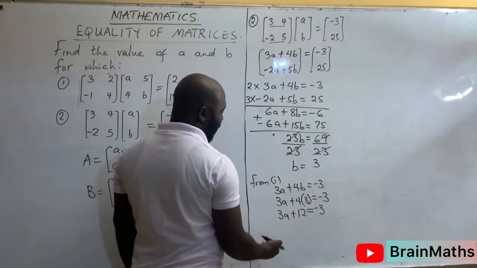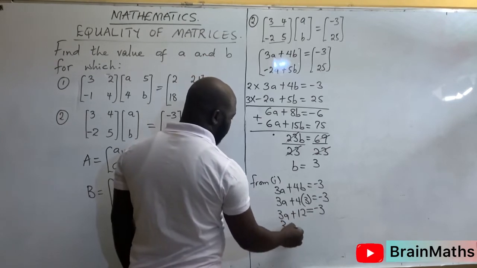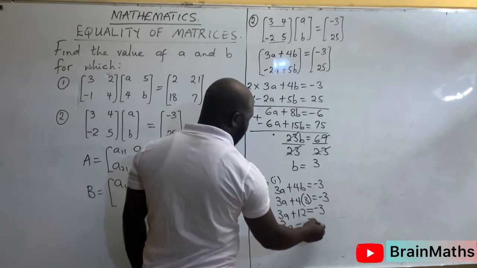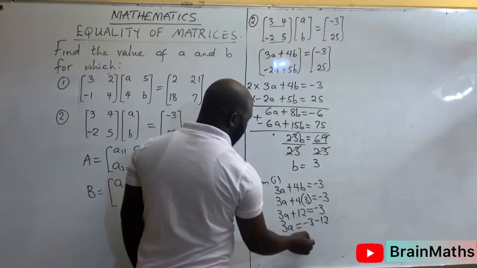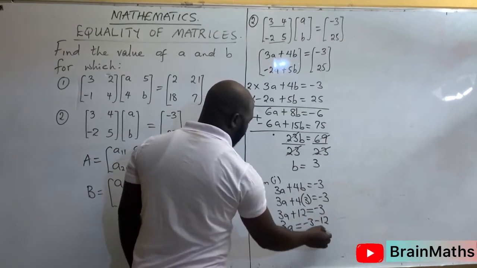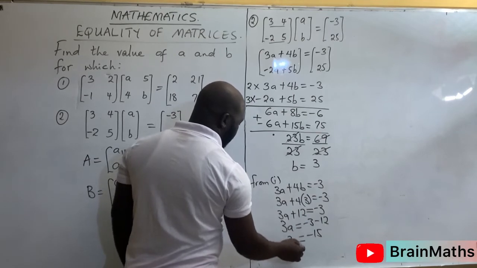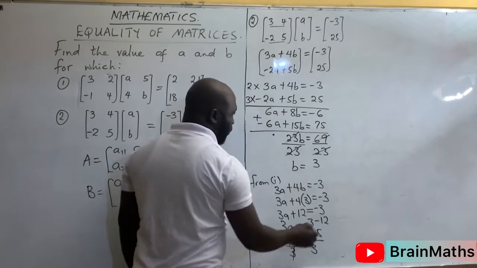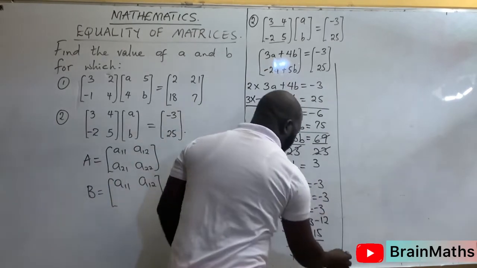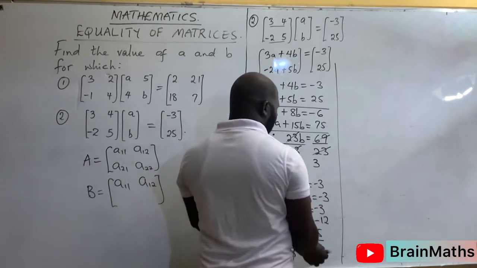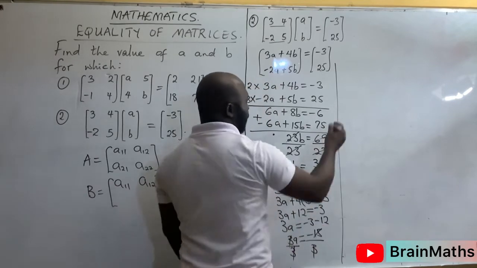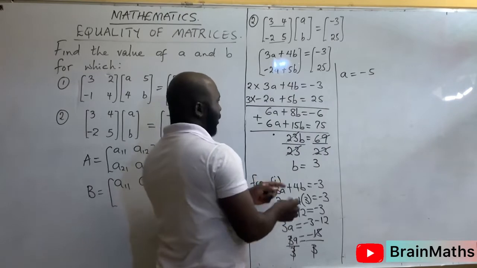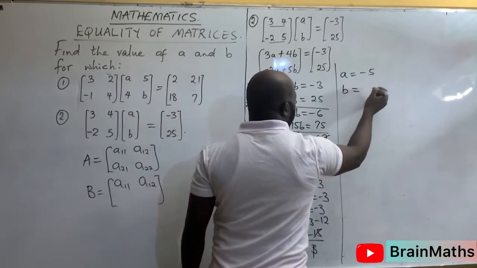And when you collect like terms, we have 3A equals -3 minus 12. That is going to be -15. When you divide, how many 3 can we get in 15? Our A equals -5. And the value of our B equals 3.